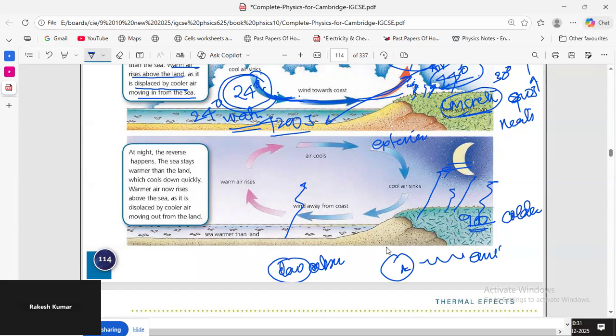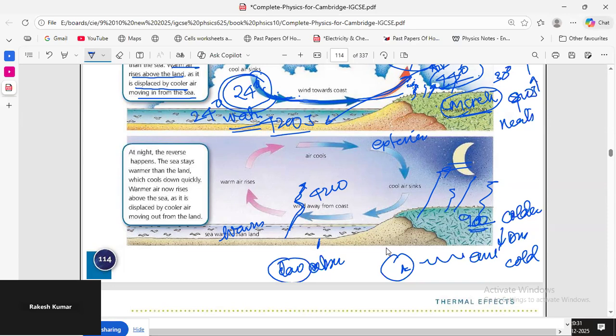When the sun goes away, the land and the water, which were hot because of the sun, start emitting. The land needs only 900 to be emitted for a 1 degree drop, so it will quickly drop and become cold, but the water will stay warm because it takes more time to cool down.